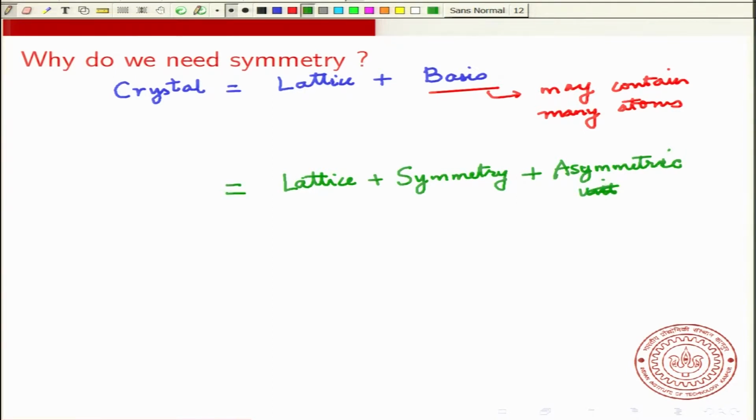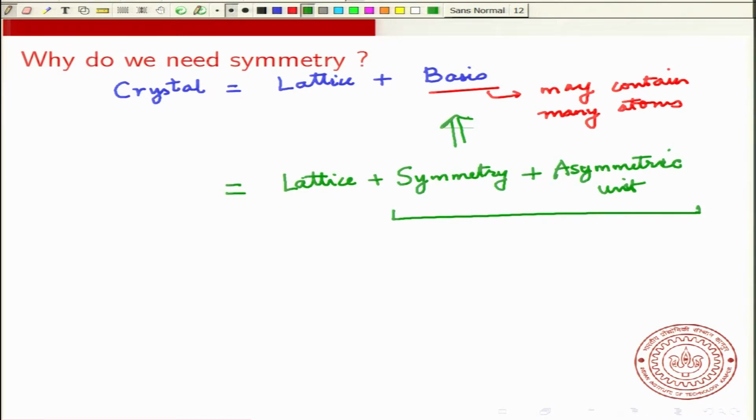This is like a smaller version of the basis. So you take the asymmetric part of the cell, you apply the symmetries, and then you do the lattice translations, and you should get the entire crystal. In other words, this symmetry plus this asymmetric unit is what is generating the basis.